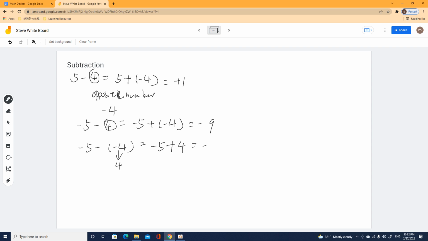That is negative 1. So anyway, you can transform the subtraction to addition. After you transform the subtraction to addition, you can use the previous addition method to find the result. This is about the subtraction.